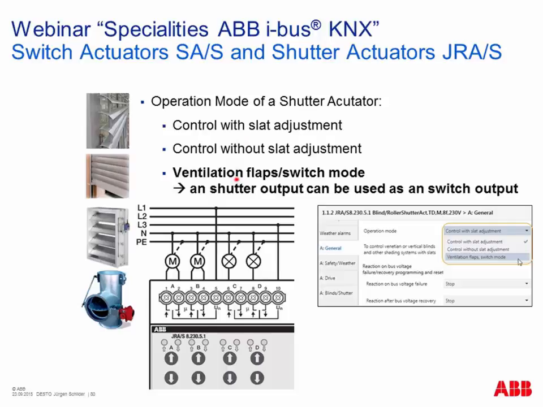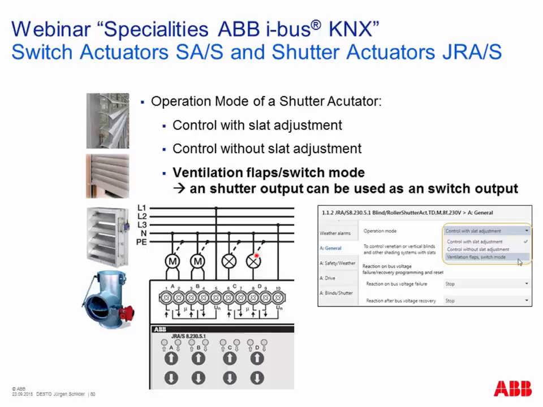What is possible is to use a shutter actuator also as a switch output. Here in one room, for example, we have 2 motors, so you can use output A for one shutter motor, output B for the other. Output C can be used for switching the light, and output D, for example, for another light.